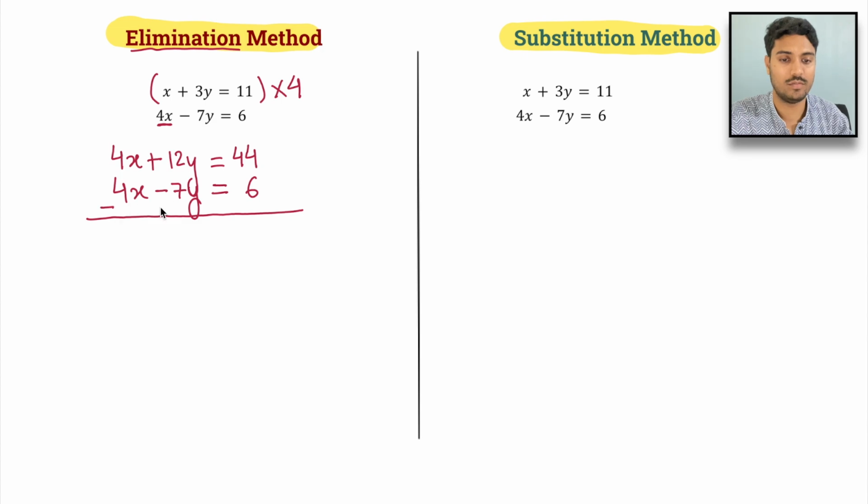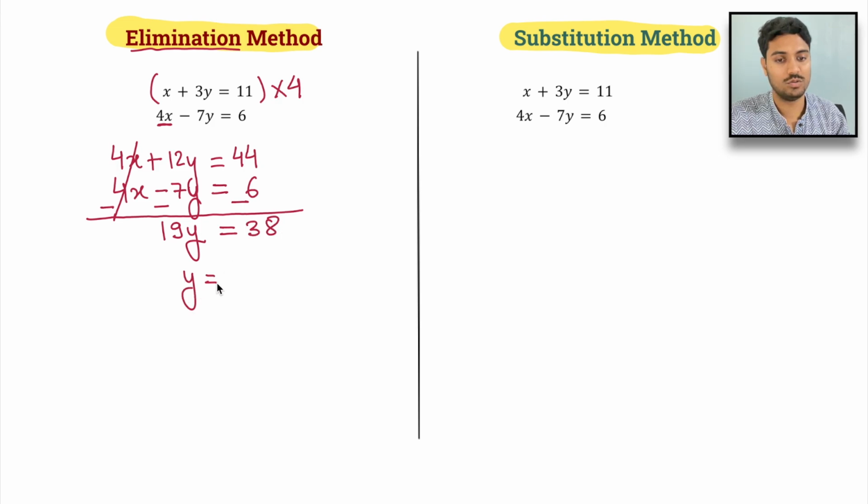So 4x minus 4x will cancel out. 12y minus 7y is 19y, because minus and minus make plus, which equals 44 minus 6, which is 38.